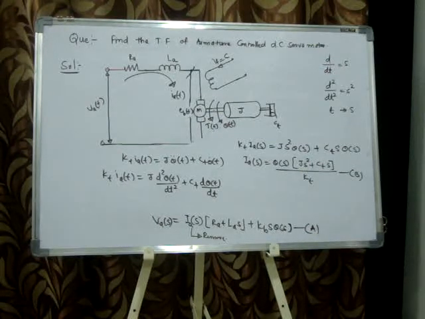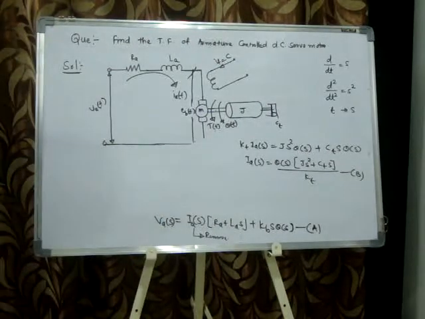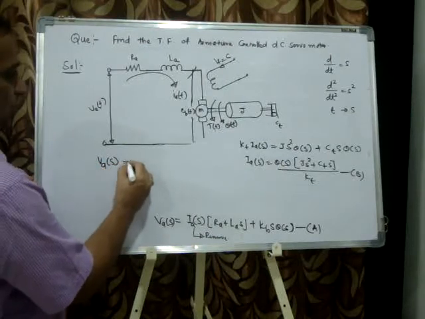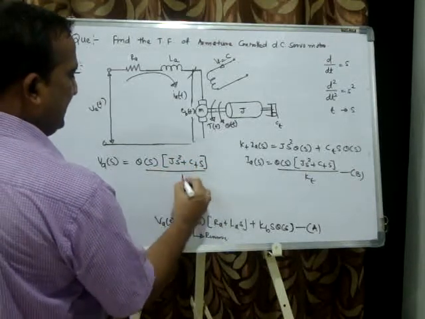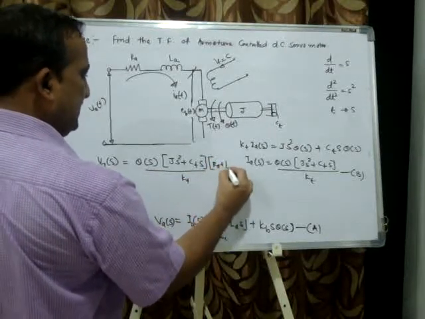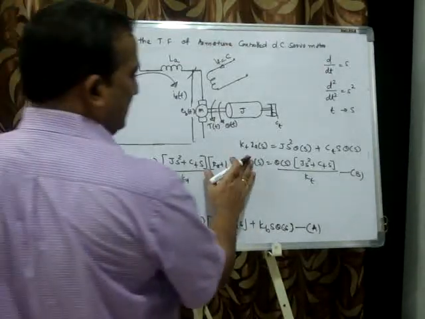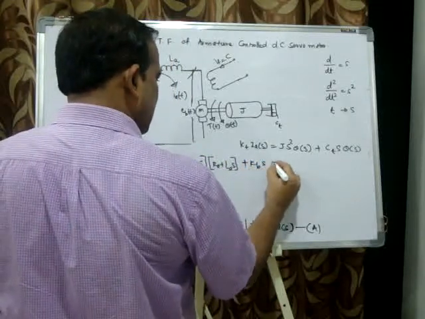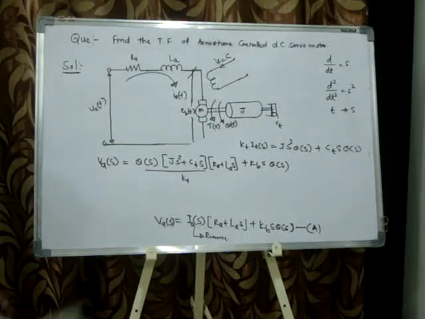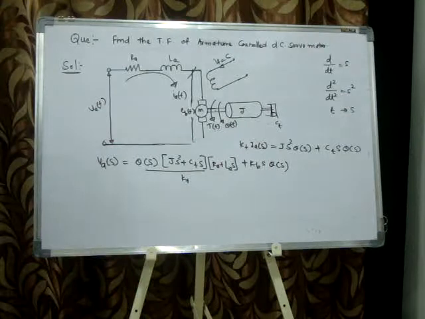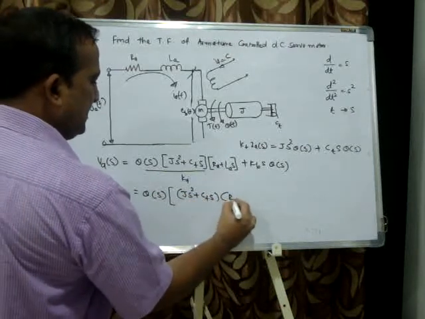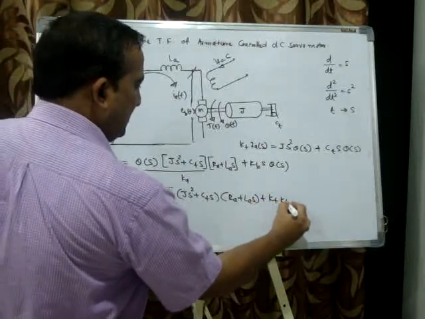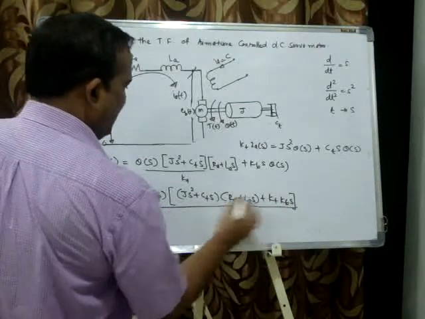So substituting: IA(s) = theta(s)(Js square + CTs) divided by KT, into (Ra + Las) IA(s) + Kb s theta(s). Now take theta(s) common: theta(s)[(Js square + CTs)(Ra + Las) + KT Kb s] divided by KT.